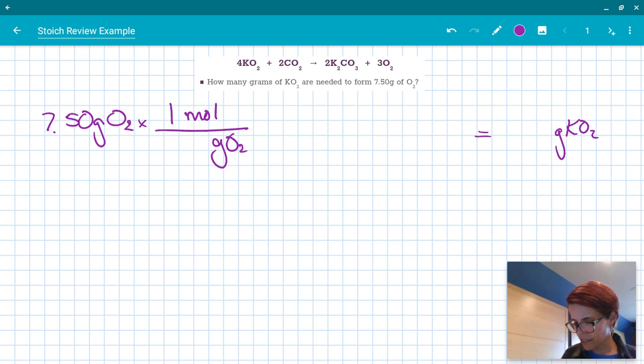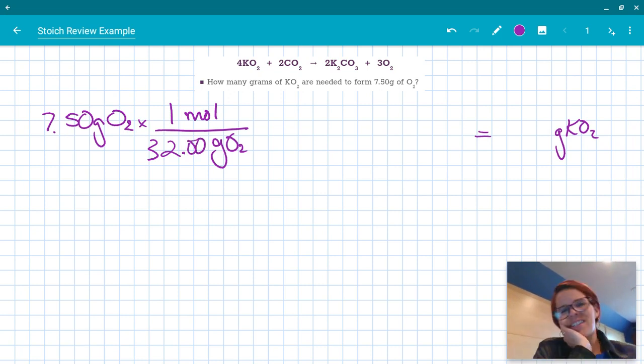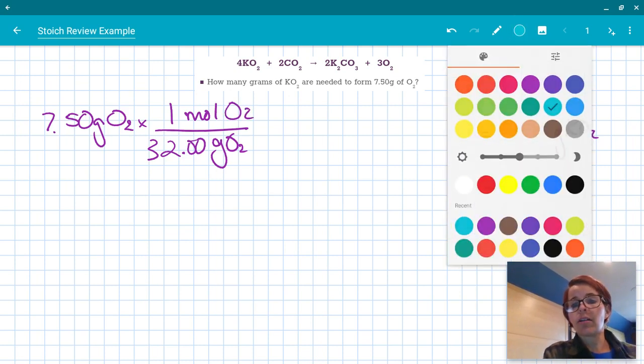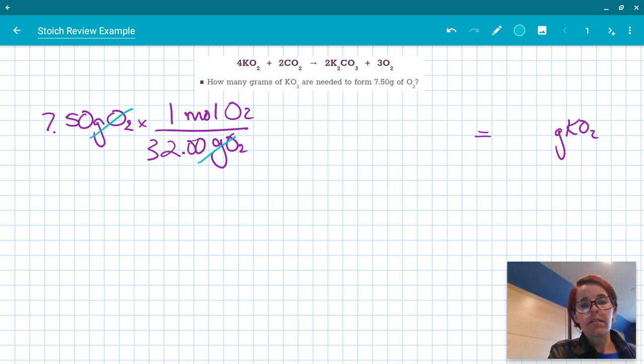We could round that to 16, times 2. So there's 2 of them because it's O2. So we're going to say 32. That really should have a couple zeros after it. There we go. Just if we're talking about sig figs. Okay, and then that was 1 mole of oxygen, and that allowed us to cancel off one of our units.